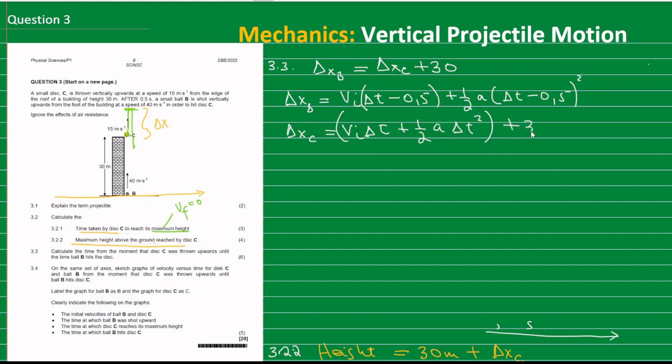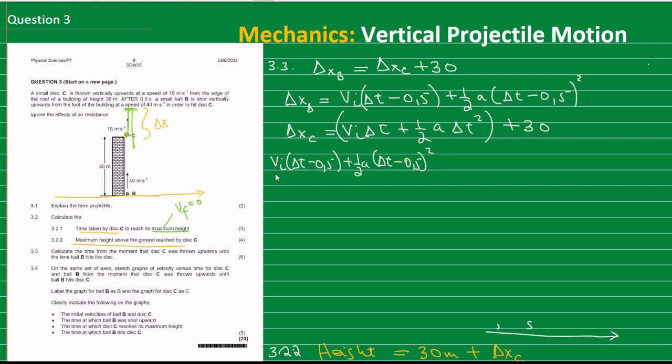Since these two are equal, we equate the two: vi times (delta t minus 0.5) plus half a times (delta t minus 0.5) squared.